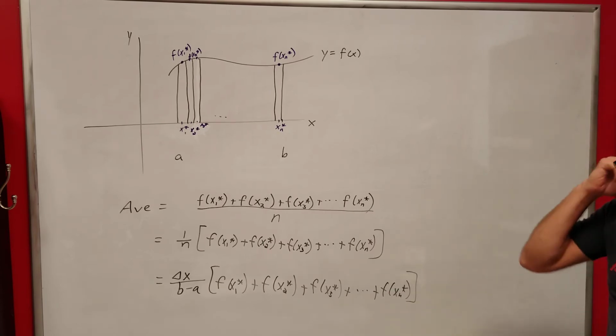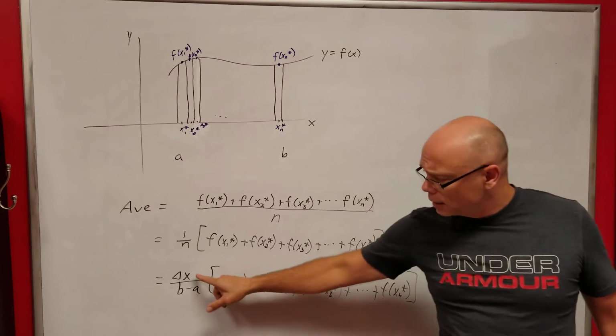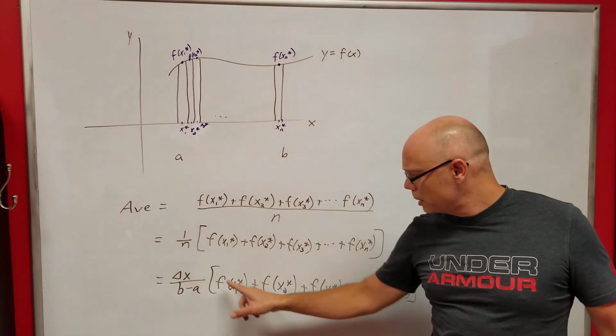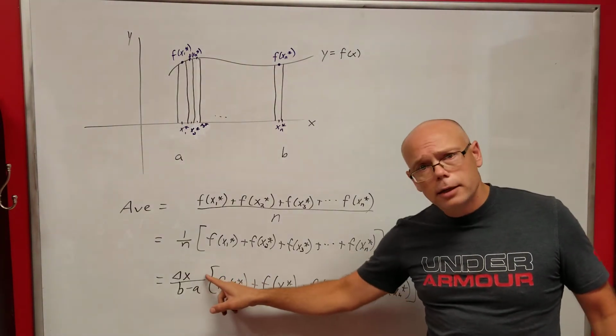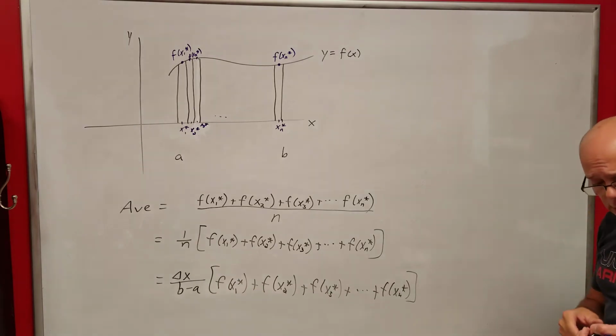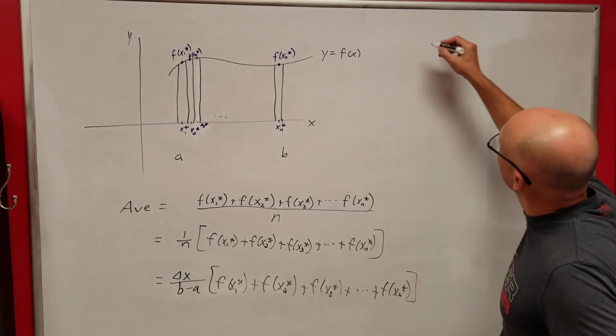Well, what if I ended up doing this? What if I took my delta x here and distributed it to each one of these f of x1s, f of x2s, and so forth? What would that give me?